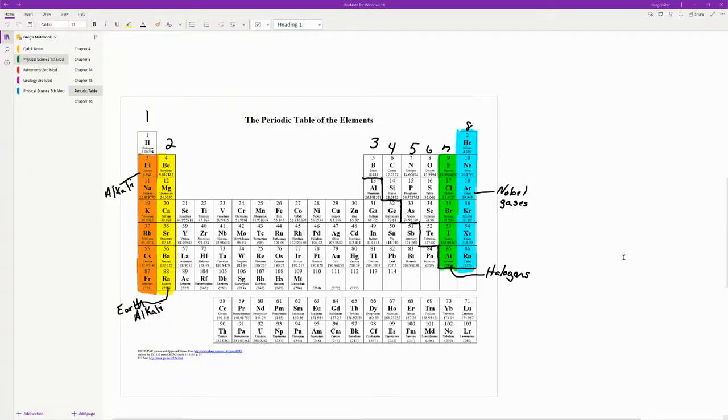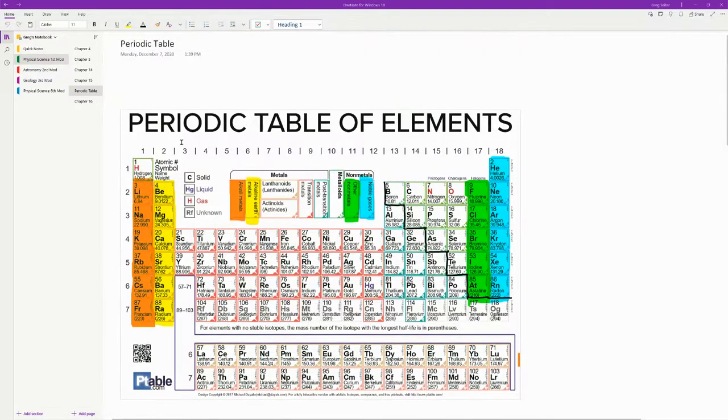All right, so here's the periodic table. The families are groups. Here's the families, 1 through 18. These are families or groups. Now, the atomic number, right here, it's talking about carbon, 6.